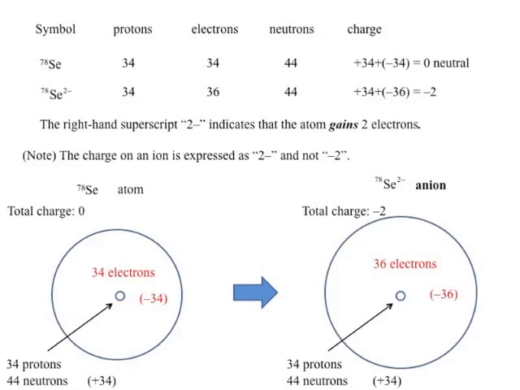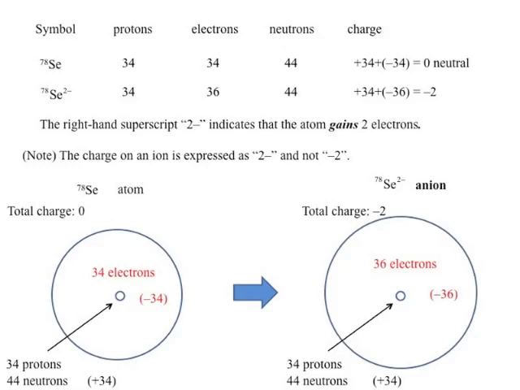Now let's look at selenium 2-. The right-hand superscript 2- indicates the atom gains 2 electrons. 2 minus means gaining 2 electrons. Therefore, in this atom, after gaining 2 electrons, 36 electrons are present. 36 electrons give negative 36.